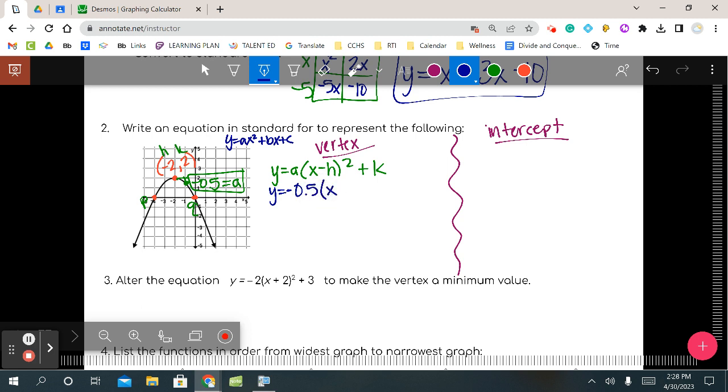My h is negative 2, so I'm going to put a positive 2 because it flips. And then plus my k. Intercept form: a, x minus my p, x minus my q. Plug those values in, so you're going to get y equals negative 0.5. x minus my p is negative 4, so that's going to be a positive 4. My q is 0, so I'm going to put x minus 0.